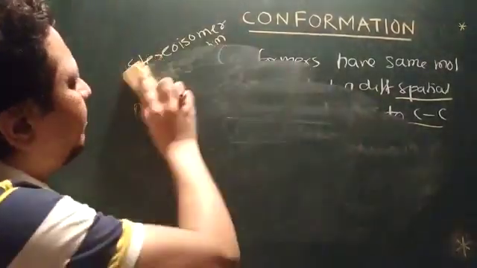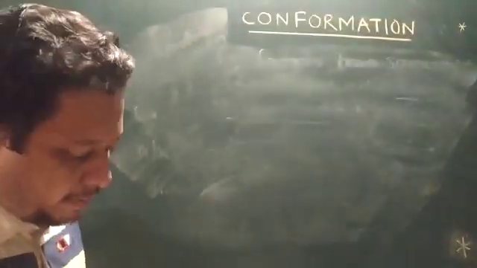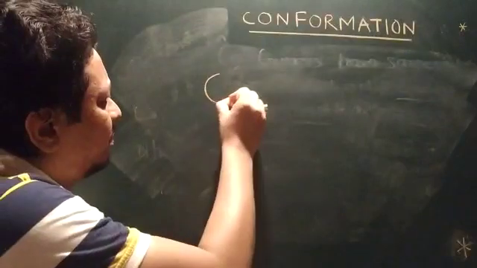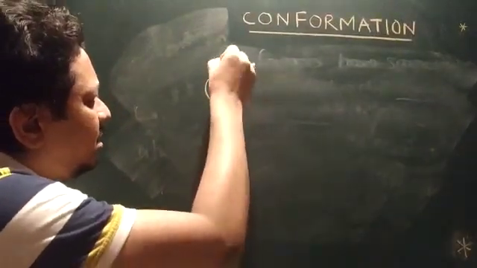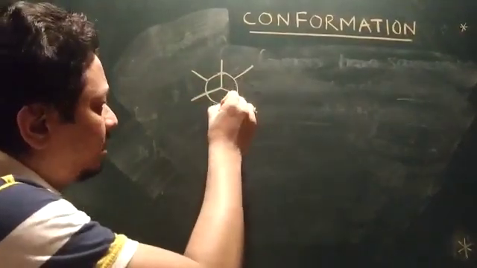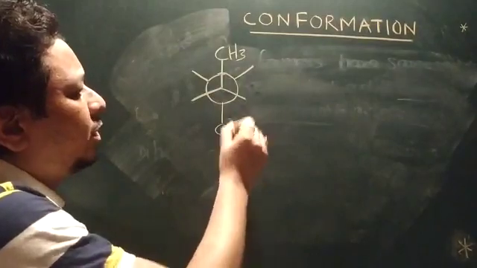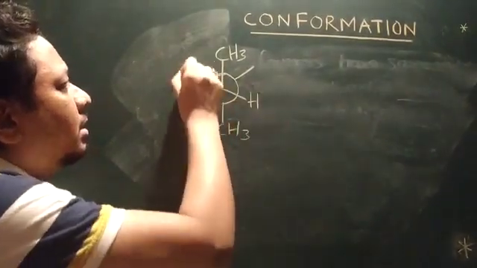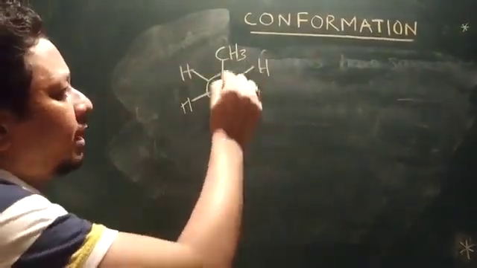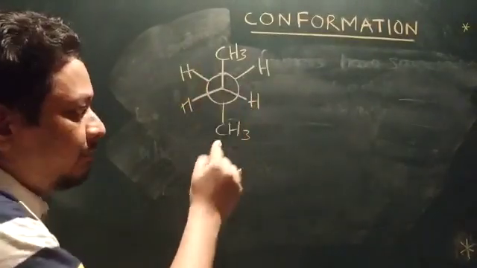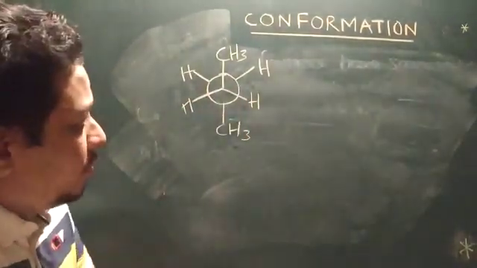So how does butane produce conformers? In butane we have the starting conformer with CH3, both on the opposite side. Now you have 1, 2, back side 3, 4, so the butane structure.